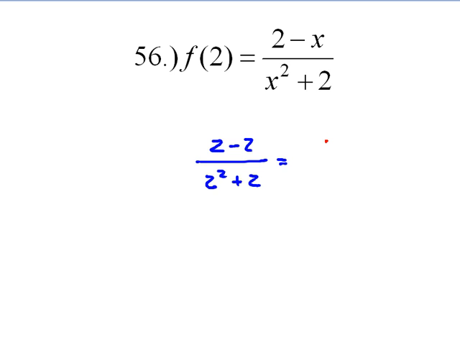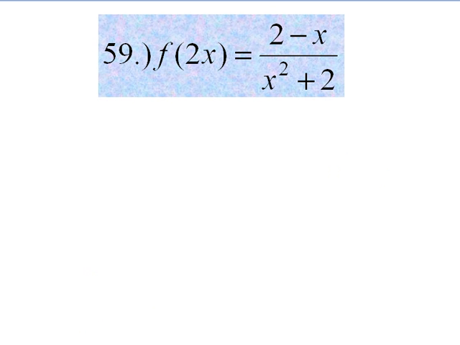So we get 0 on top, and 6 on the bottom. 0 divided by anything is still 0. Okay. Now you try it again. It's the same function, 2 minus x over x squared plus 2, but you're going to put in 2x.